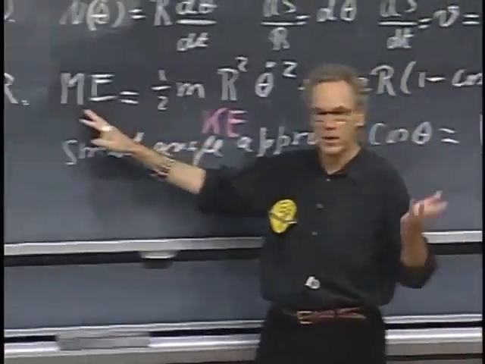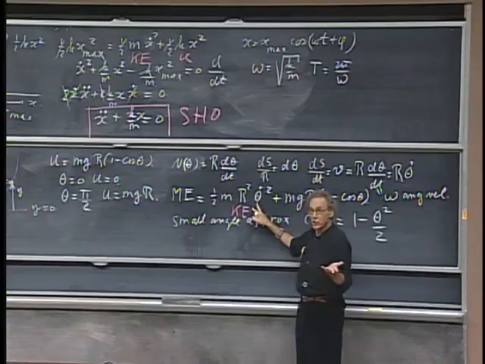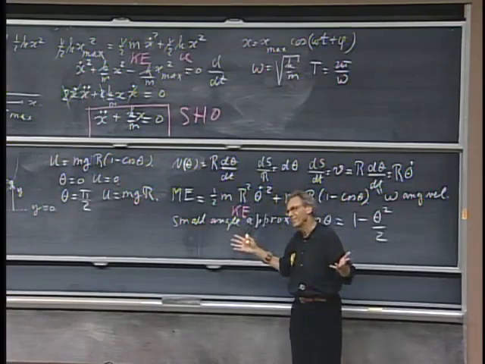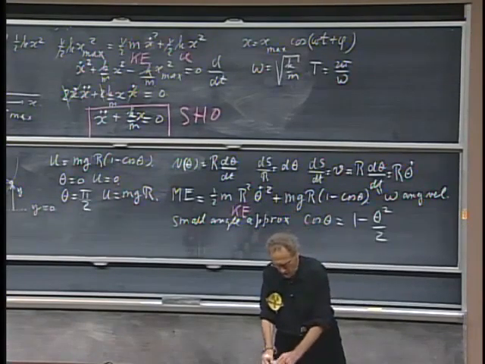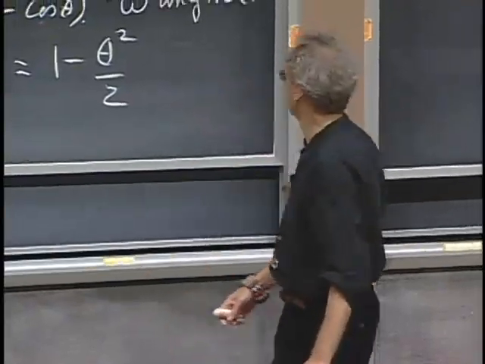Because it would say that the mechanical energy is changing all the time because this velocity is changing all the time. So we cannot do that. We would kill ourselves if we did that. The approximation is really amazingly good.